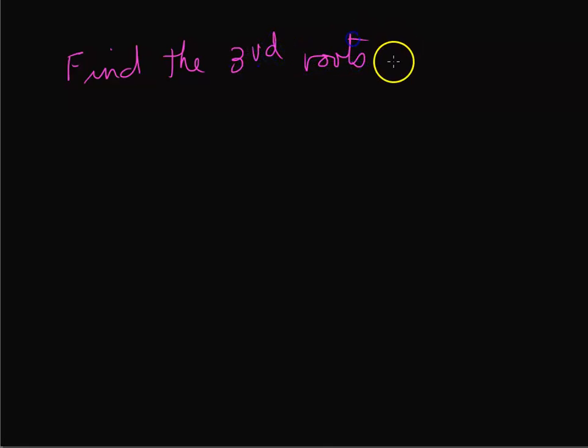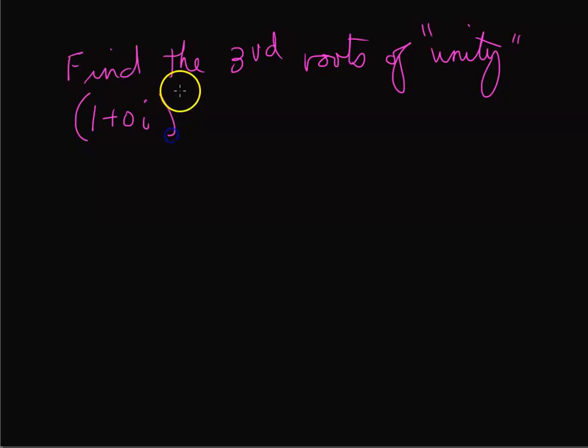Let's see if we can do one for you. What if we find the third roots of unity? What in the heck does that mean? We're going to take the complex number 1 plus 0i, that's unity, 1. And we want to find the third roots of that. So it's to the 1/3 power.